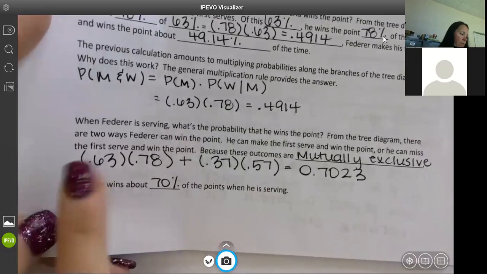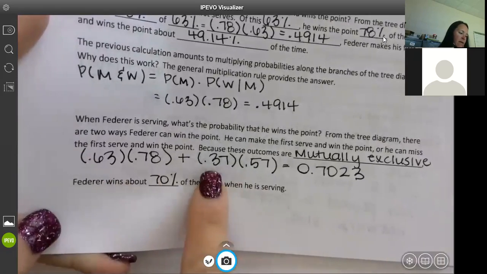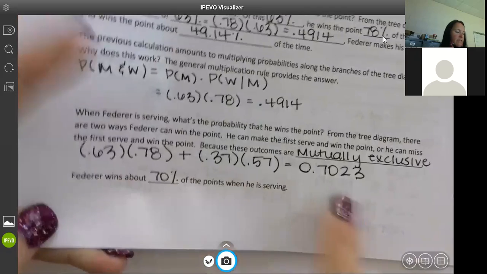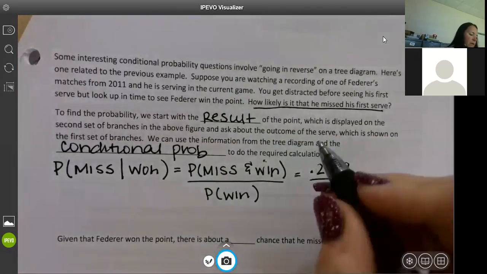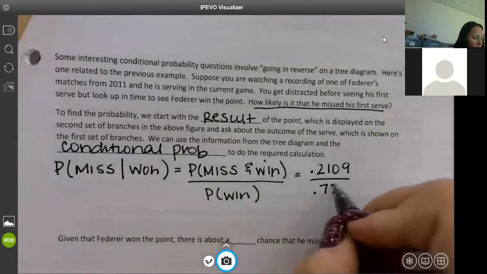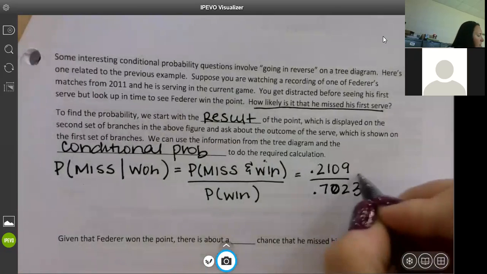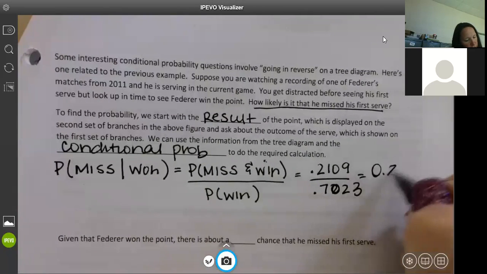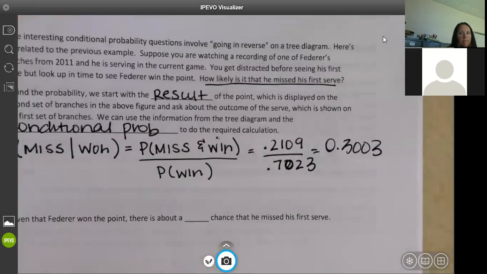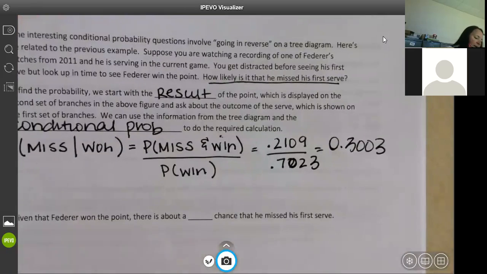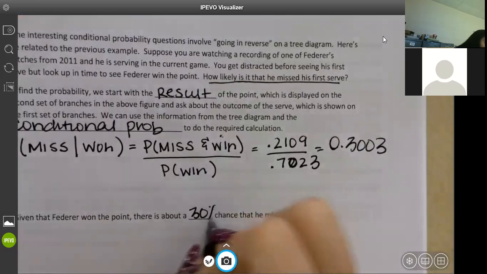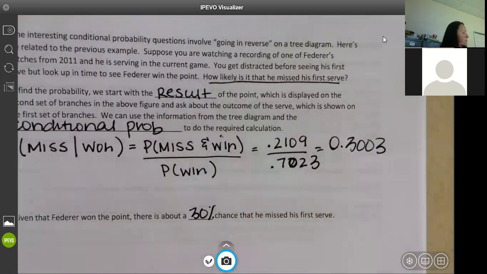So make and win, miss and win totaled together is 0.7023. So the probability of winning is 0.7023, which gives you 0.3003. So that's about a 30% chance that he missed his first serve.